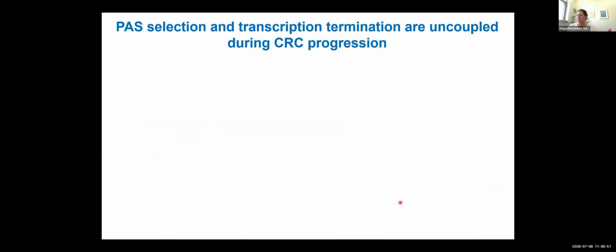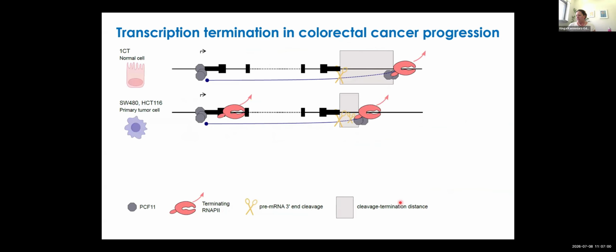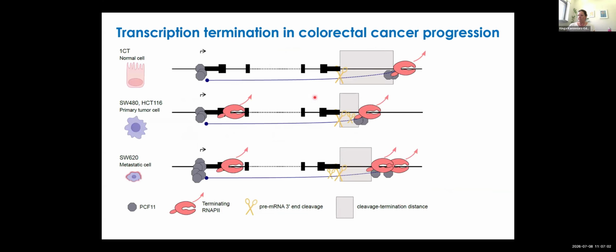So this is the case, but let's say there are two independent things. We still see premature termination depending on whether the termination at the gene end moves a bit more proximal or more distal. I don't know whether this helps or whether I should give some more follow-up.